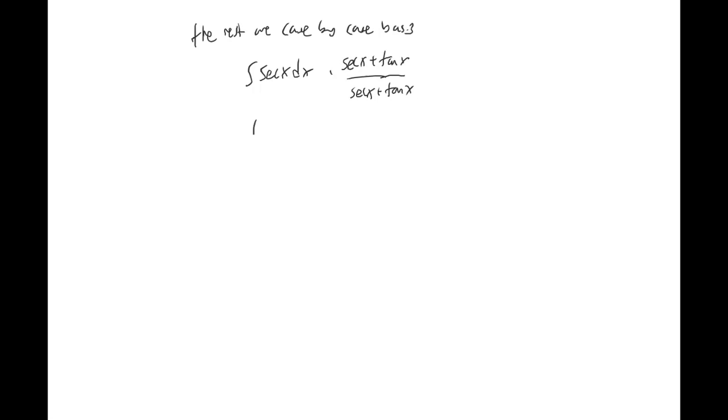So this is the integral of secant squared x plus secant x tan x, if I distribute in the secant x tan x. Now if I let u be secant x plus tan x, something magical happens.